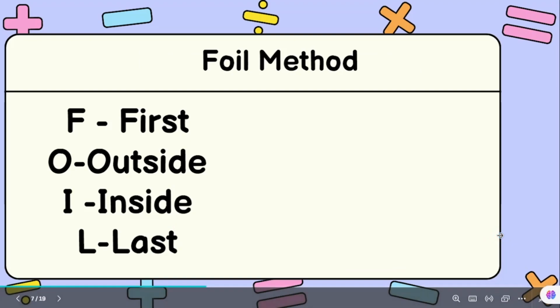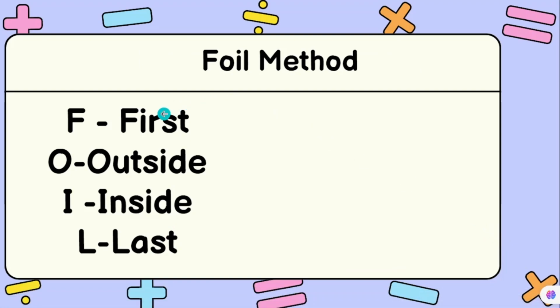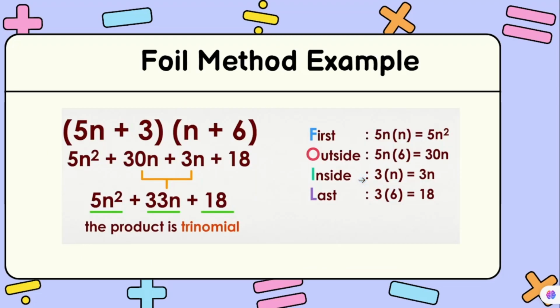FOIL method. FOIL is an acronym for first, outside, inside, and last. How do we exactly do this FOIL method? So, for first, we get the first term of either polynomial. For this, it's going to be 5n, and for the other, it's n. 5n times n is equal to 5n squared.